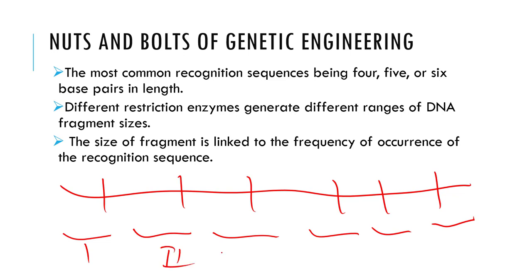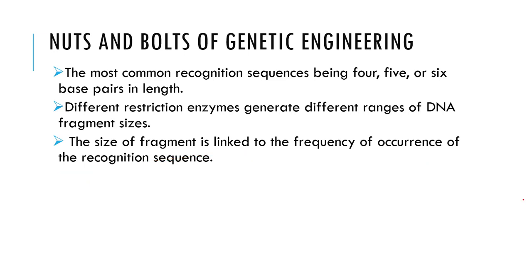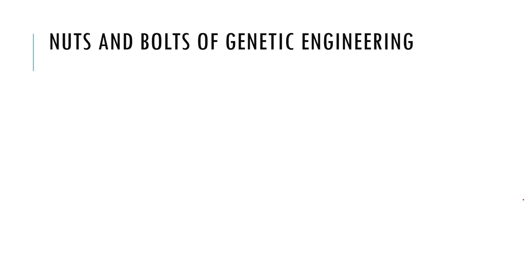So we get 3, 4, 5, and 6 pieces. Since in this particular DNA and for a particular restriction enzyme the number of recognition sequences is great, we are getting a greater number of fragments as a result of the action of the restriction enzyme.